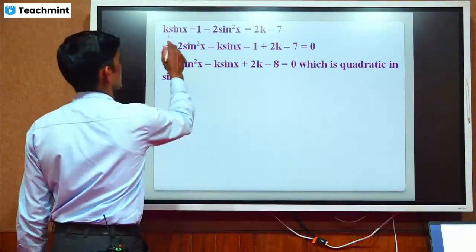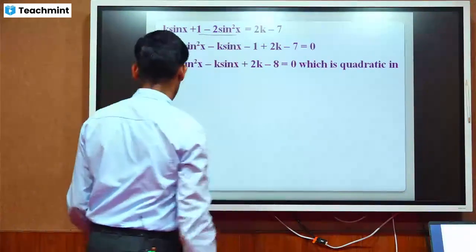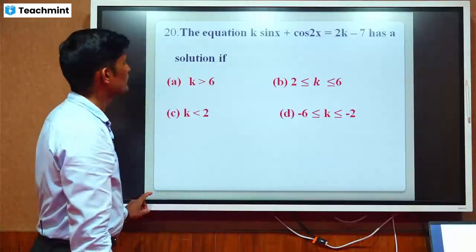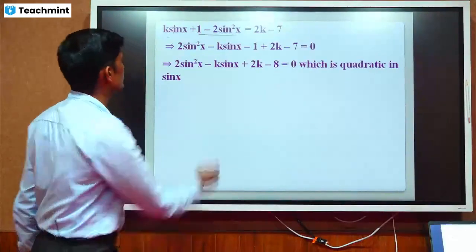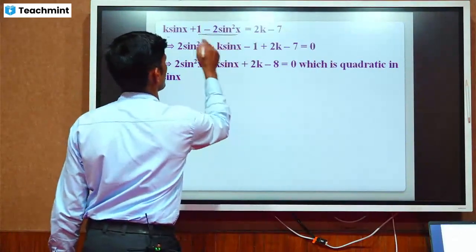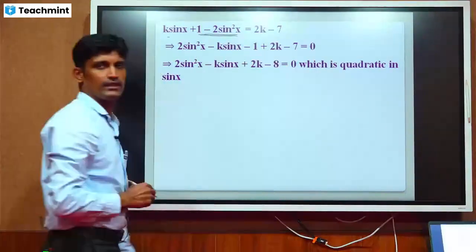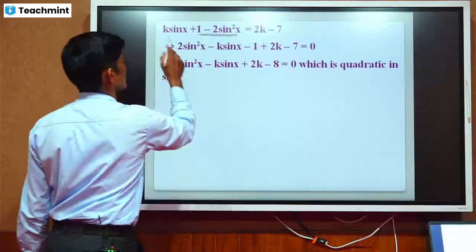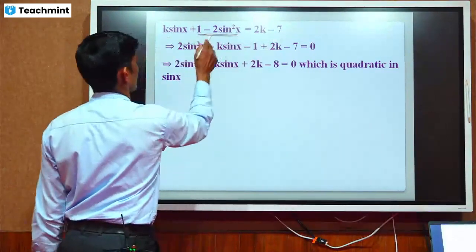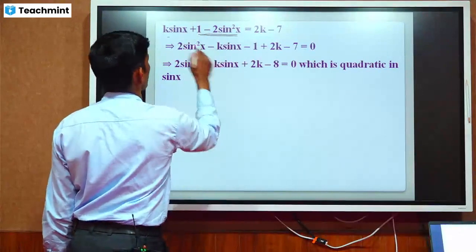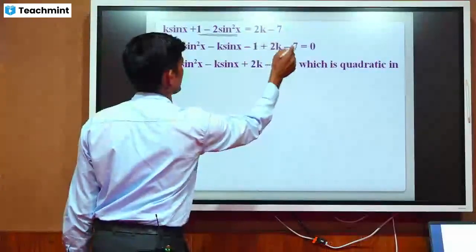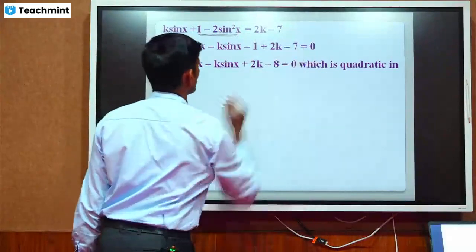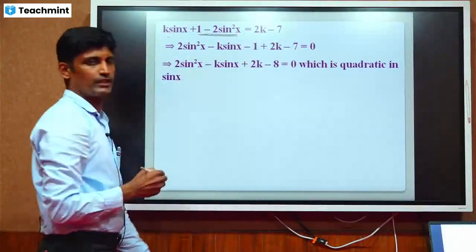Cos 2x can be written as 1 minus 2 sin square x, equal to 2k minus 7. So this is a quadratic equation in sin x, like 2 sin square x minus k sin x, then minus 1 plus 2k minus 7 on the RHS is equal to 0, which is a quadratic equation in sin x.